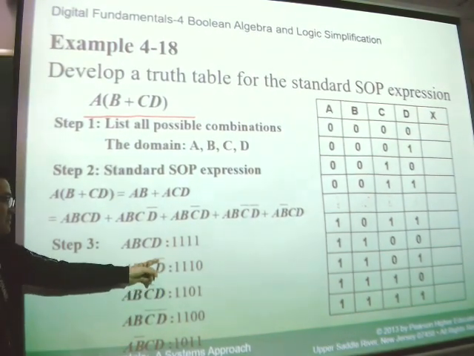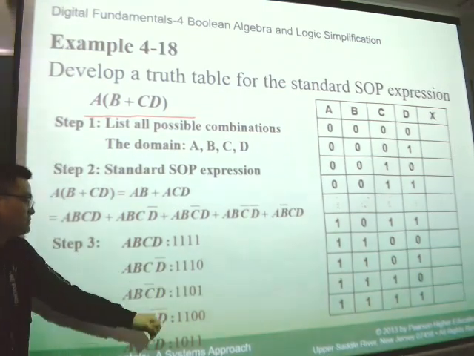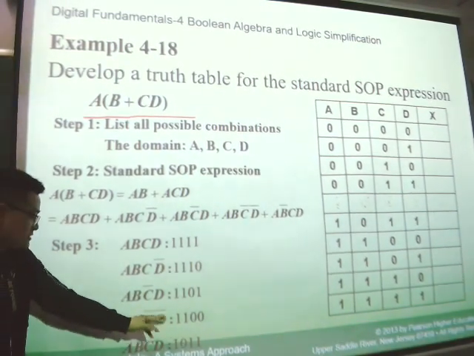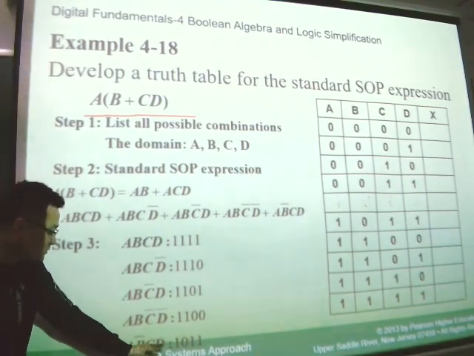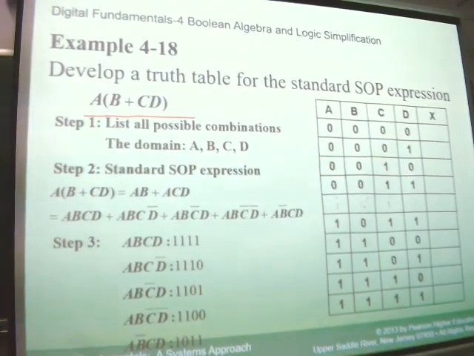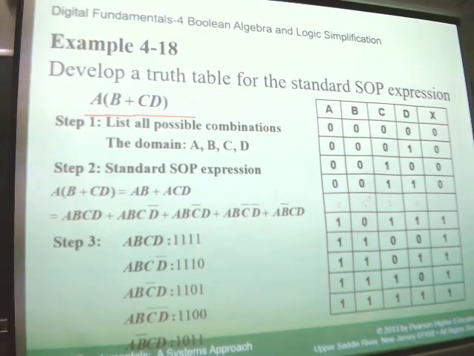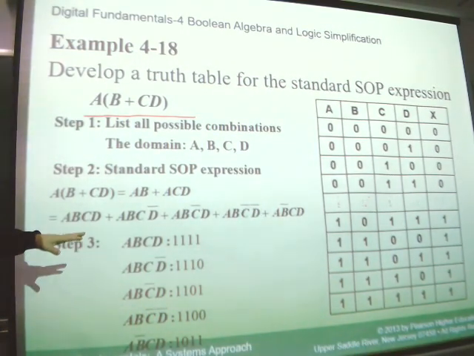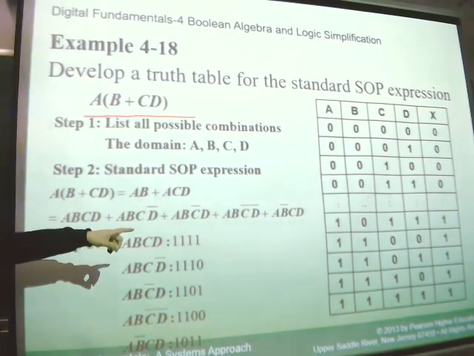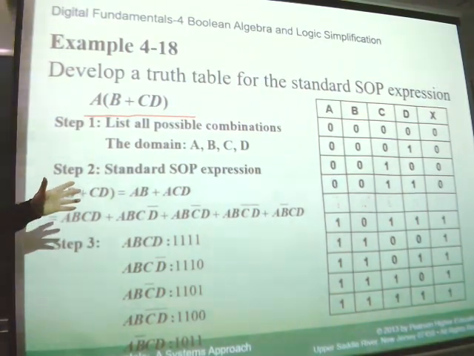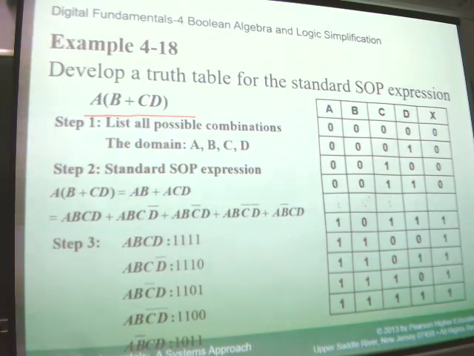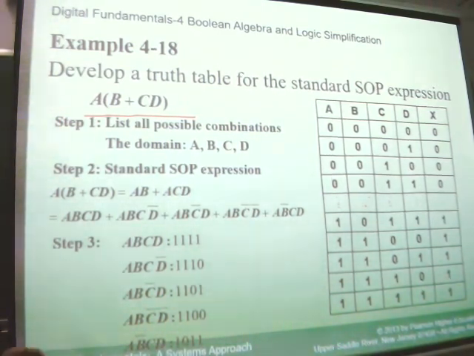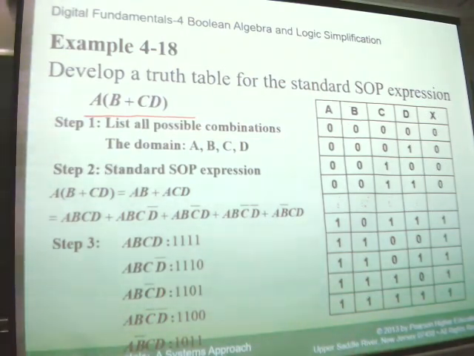A, B, C, D bar is 1, 1, 1, 0. 1, 1, 0, 1. 1, 1, 0, 0. 1, 0, 1, 1. So we only need to write the five product terms equal to 1, and the others equal to 0. Then the truth table is obtained.